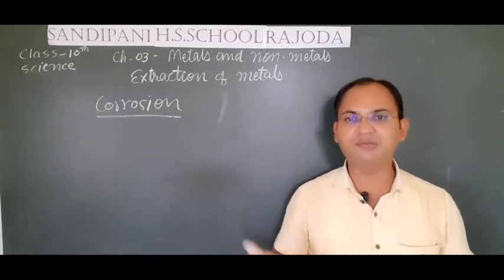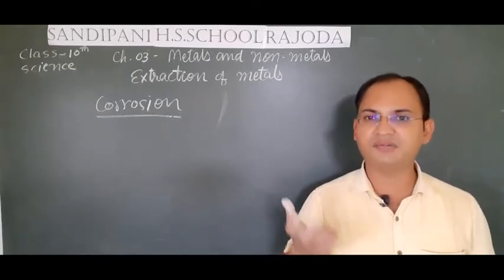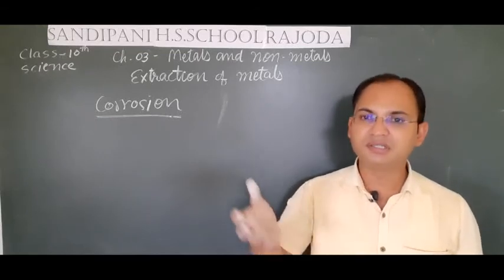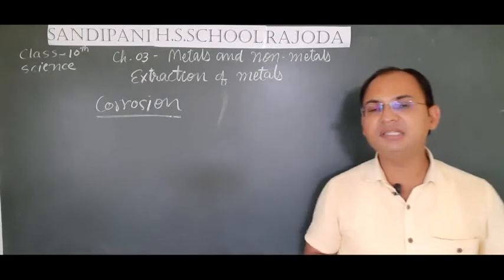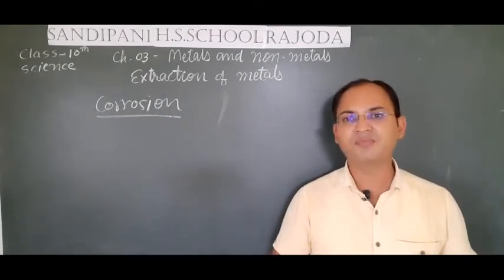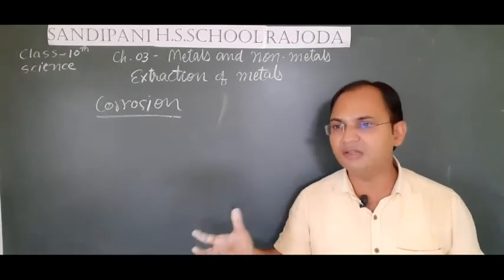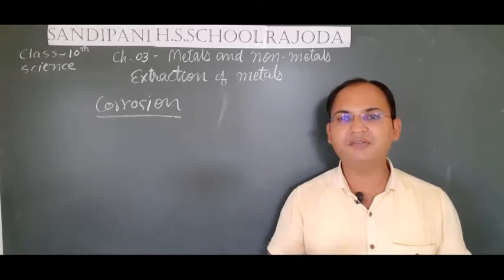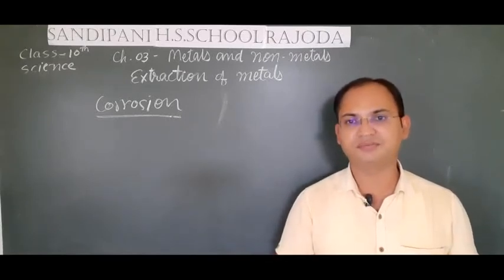Whenever we bring aluminium utensils, they are very shining, but after some time their upper surface gets a diminished color. It gets dull. The reason is that the aluminium reacts with the oxygen present in the air and forms aluminium oxide.